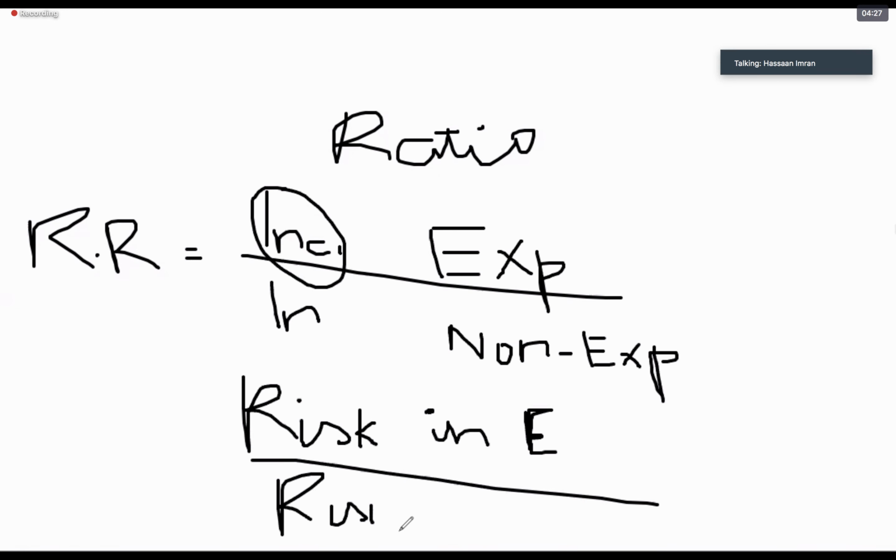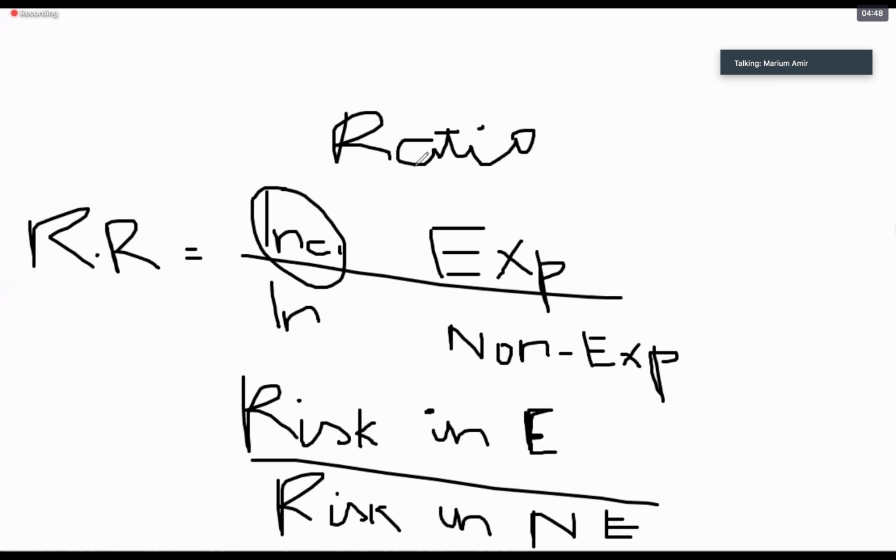In some of the books, you might find relative risk written like this: risk in exposed divided by risk in non-exposed. Now, can I write it as the probability of having disease in exposed divided by the probability of having disease among non-exposed?